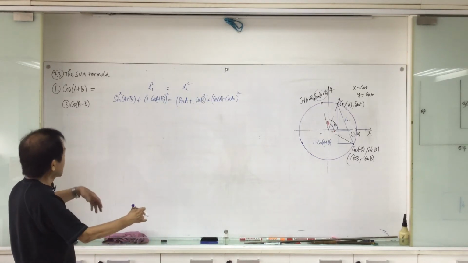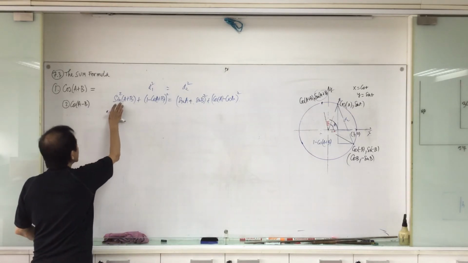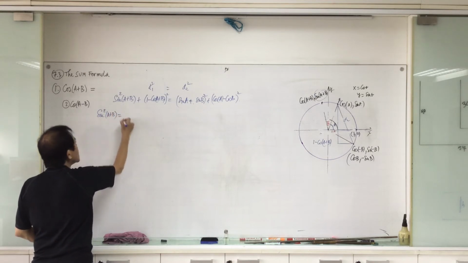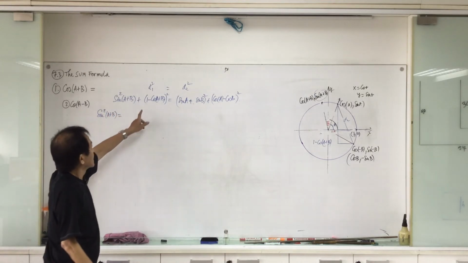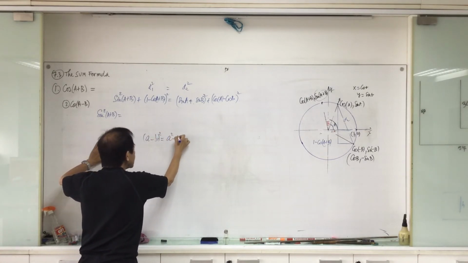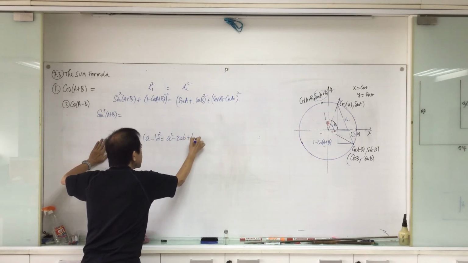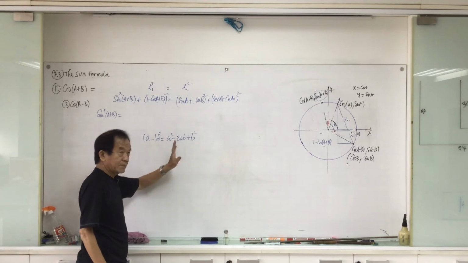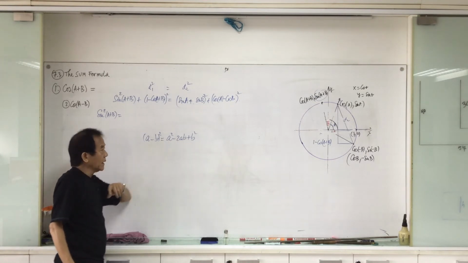So now expand again. There's nothing to do with this. I copy down sine A plus B equal. Now we review another thing. I have the formula A minus B square equal A square minus 2AB plus B square. Okay, A square minus B is not equal A square minus B square, but we have this.